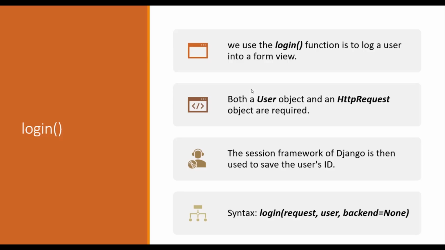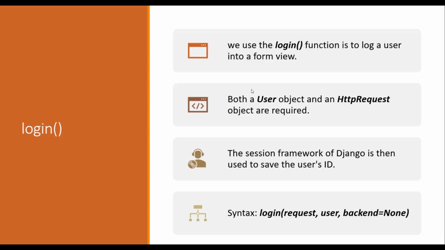The next function which we are going to use for the sign in form is the login function. We must proceed to the login if the user is authenticated successfully, so for this reason we need the login function too. Basically, we use this function to log a user into a form view. Both the user object and an HTTP object are required, and the session framework of Django is then used to save the user ID.